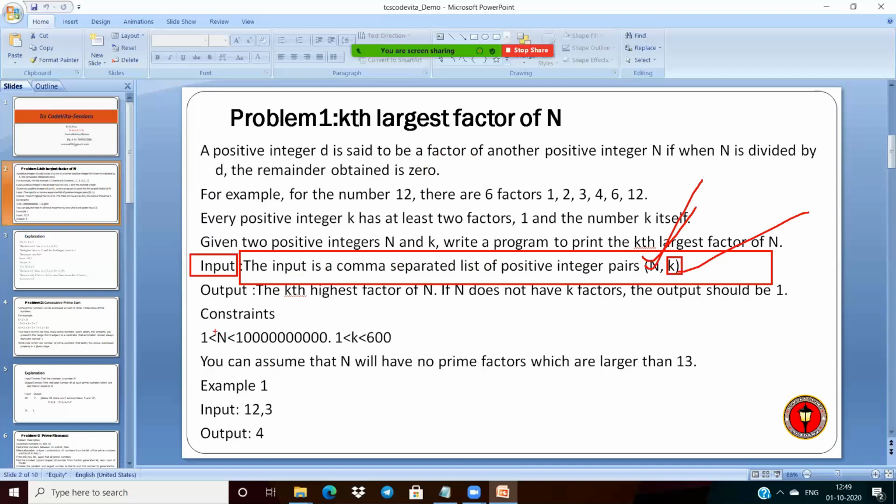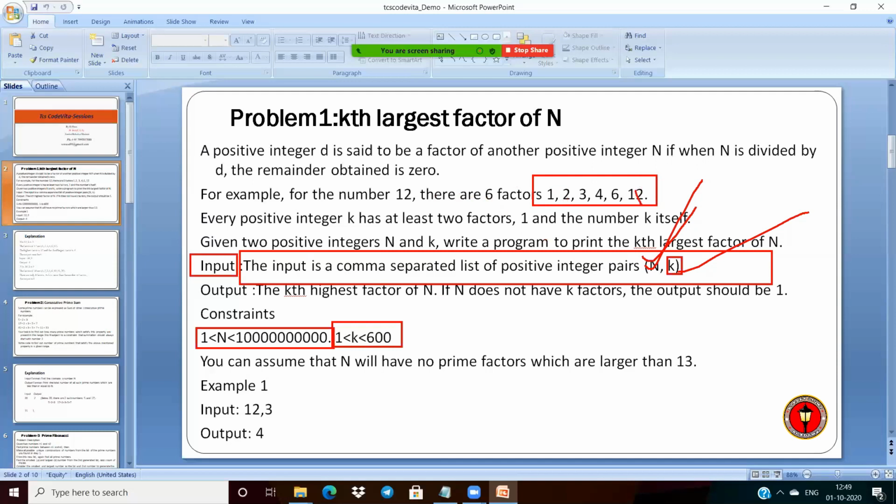And the constraints are here: n lies within a range, and the k value should be in its range as well. Suppose 12 has 6 factors.